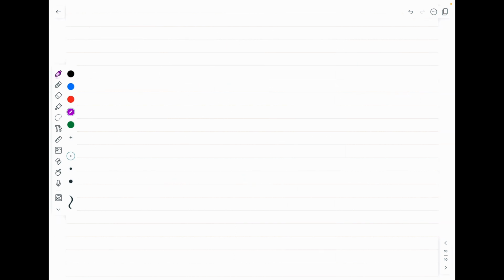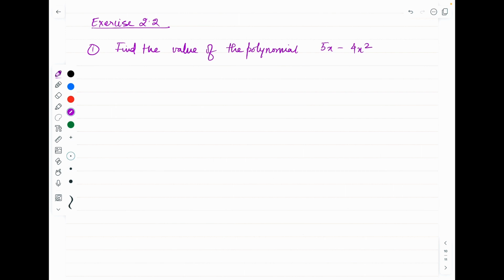Understood? Now I'll go to the exercises. Exercise 2.2. The first question is given: find the value of the polynomial 5x minus 4x square plus 3.